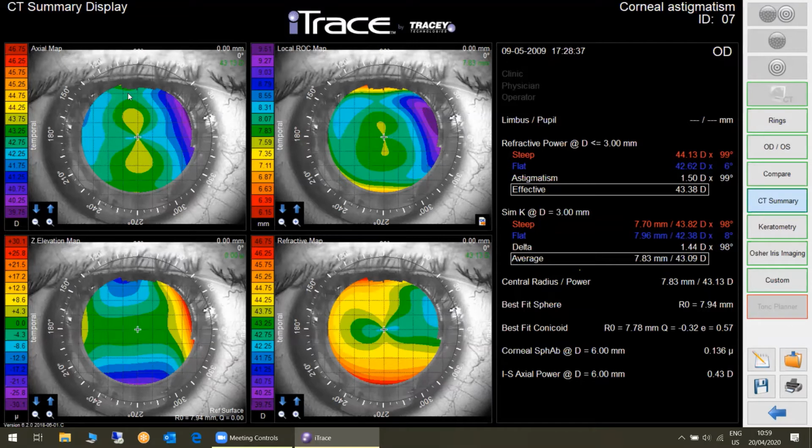When I can put a line from top to bottom of the astigmatism and it's in one straight line, it's very regular. And if I can't do this, for instance, like this with a hook, then it's called irregular. Why is it important? Because a regular astigmatism can be treated with a toric, and irregular, no chance.